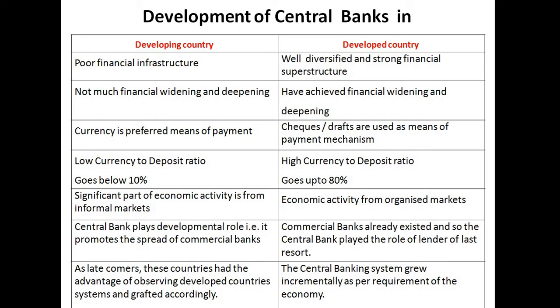Developing countries have a low currency to deposit ratio, which goes below 10% also, while developed countries have a high currency to deposit ratio and it goes up to 80%. In a developing country, a significant part of economic activity is from informal markets. But in a developed country, the economic activity is from organized markets.